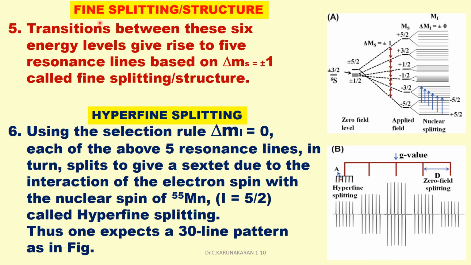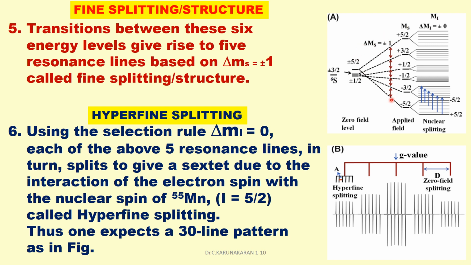Now let us see what is called fine structure, or fine splitting. The transitions observed between these 6 levels give rise to 5 resonance lines, using the EPR selection rule, delta ms equal to plus or minus 1.